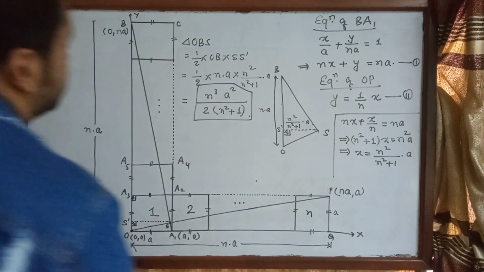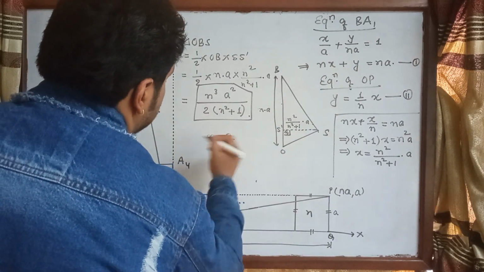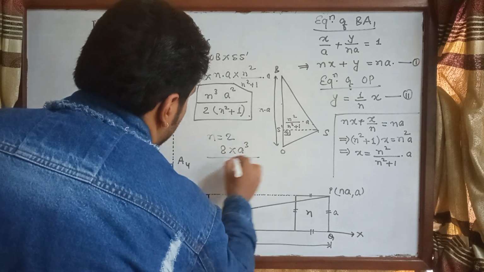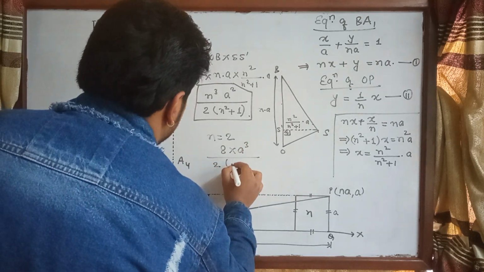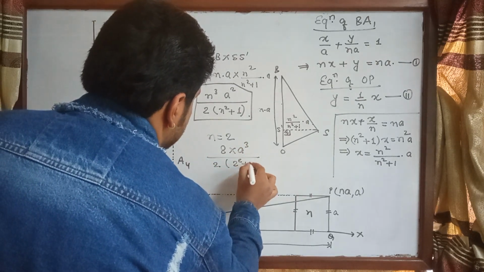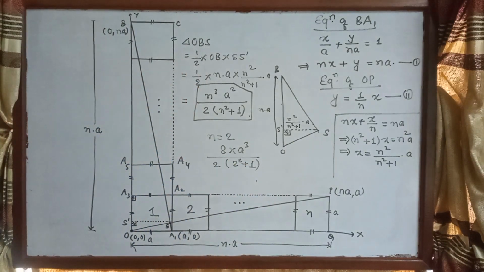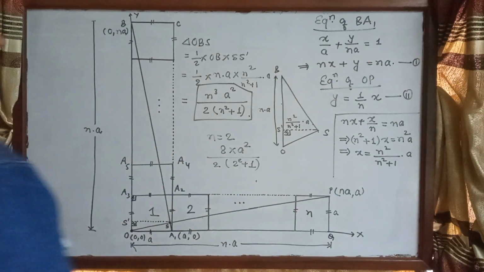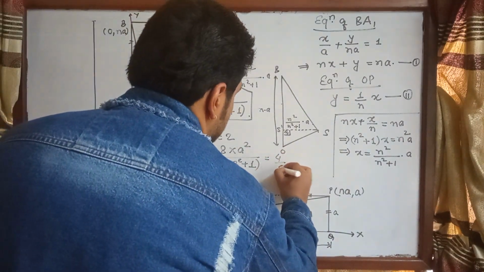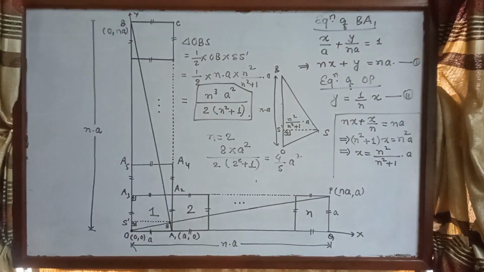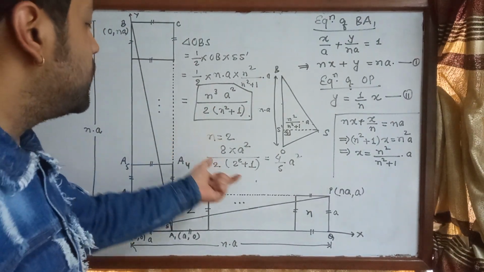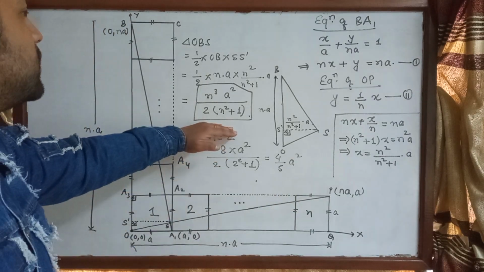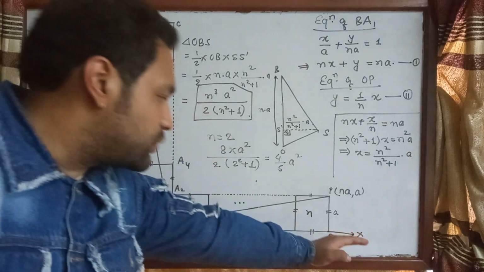As a simple example, if n is equal to 2, we get 8 times a squared over 2 times 2 squared plus 1, which is equal to 4 over 5 a squared. Similarly, if we put n equal to 3, we get a similar result. So this is the general formula for such arrangements of squares.